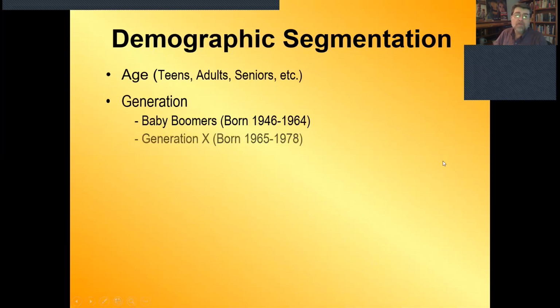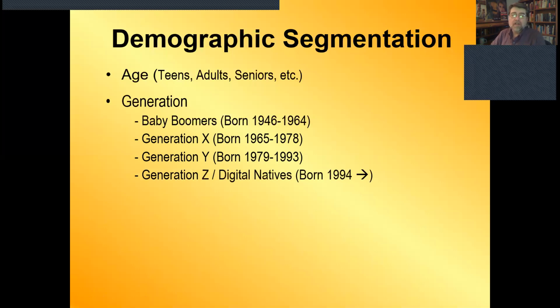The baby boomers were followed by Generation X, born between 1965 and 1978. They were also referred to as the birth dearth. This was a much lower birth rate during this period. Understandably, and now we are having a resurgence. There was a Generation Y born between 79 and 93, and now Generation Z, which is the new sort of baby boomers.